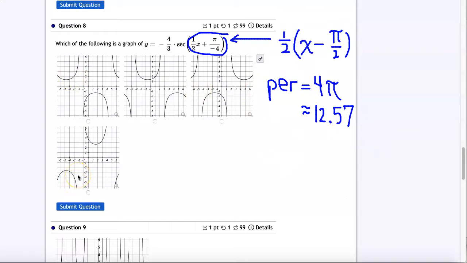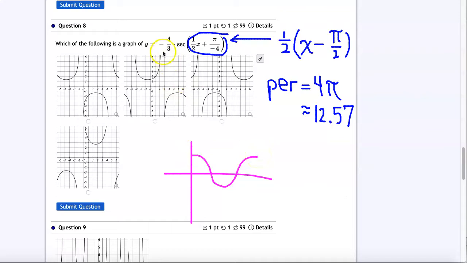So what would we look for next? Next we would look for the orientation, so we can eliminate half of them. You can look at any of these features in whatever order you want. Now the secant is the reciprocal of the cosine graph, and the cosine graph typically is going to start up high and end high.